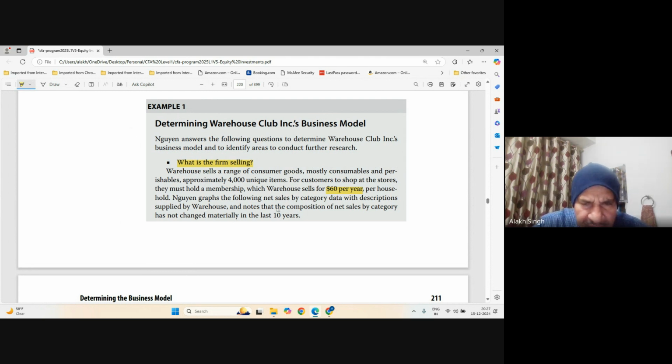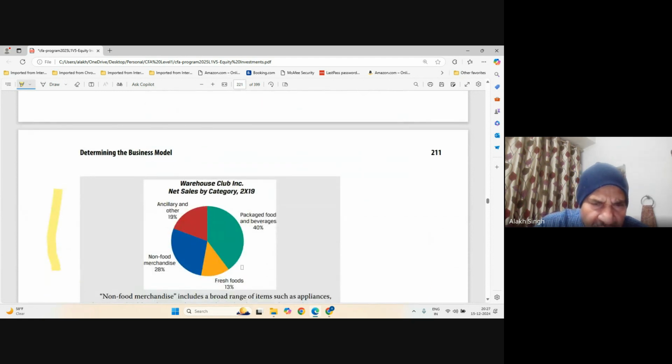So Nguyen graphed the following net sales categories. Okay, so this is the graph and the comparison. We already saw the graph. Oh, here is the graph. Non-food merchandise includes a broad range of items such as appliances. So he made this pie chart.